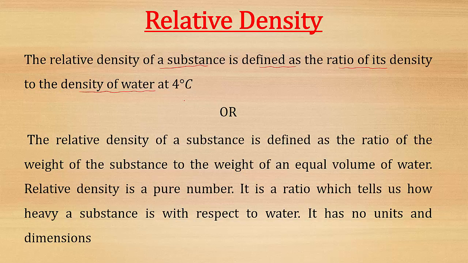We consider density of water as a standard value at 4 degrees Celsius. With respect to that value, we compare, and that gives relative density. So relative density is a ratio of density of given fluid with respect to density of water.